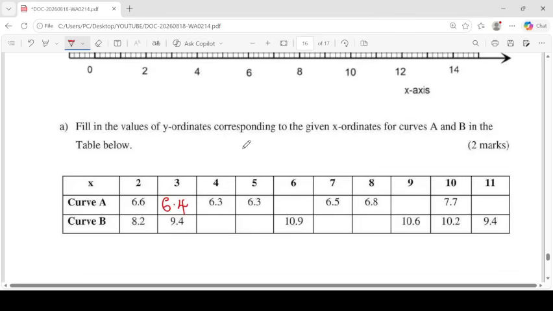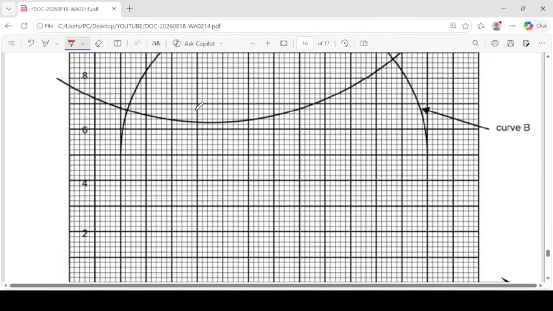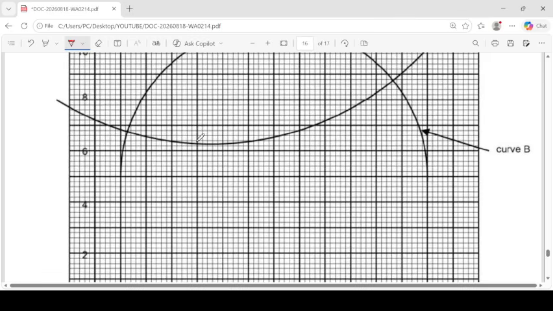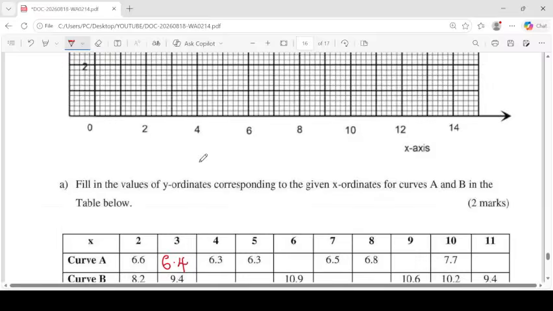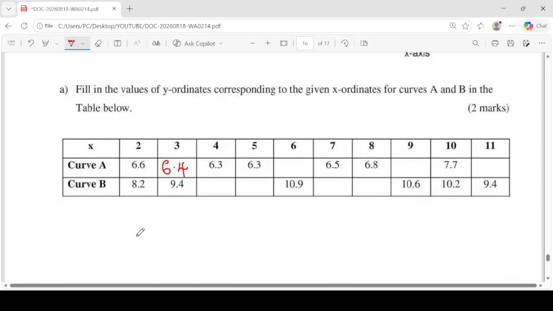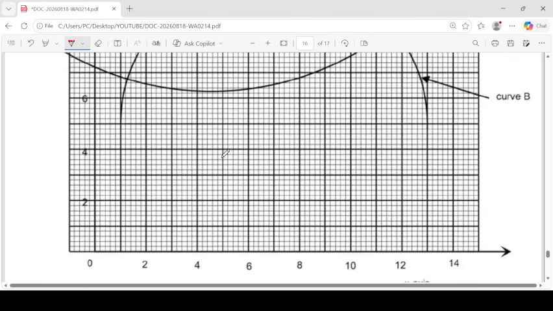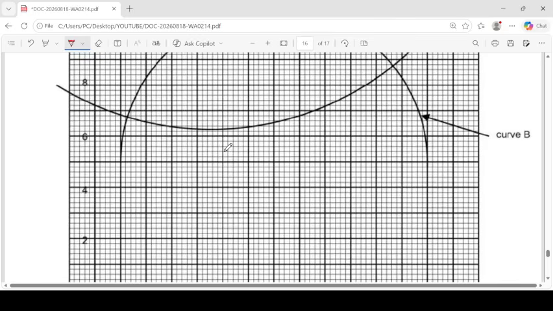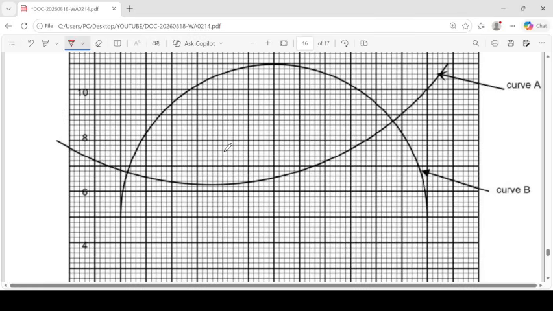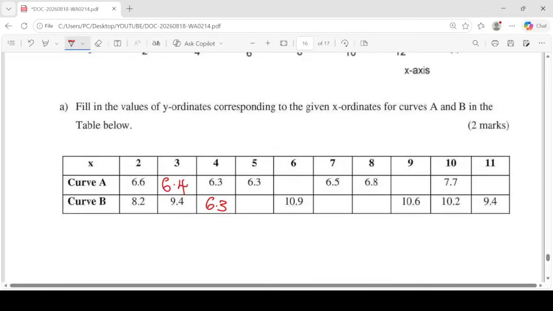When x is 4, curve B is reading 6.3. That is curve B. Then when x is 5, curve B should be reading 10.6.